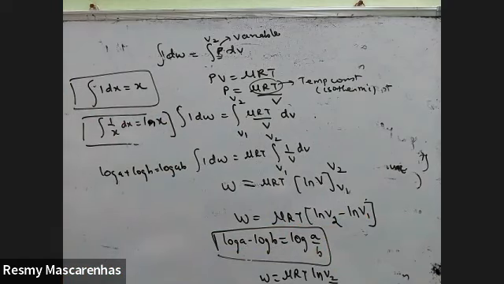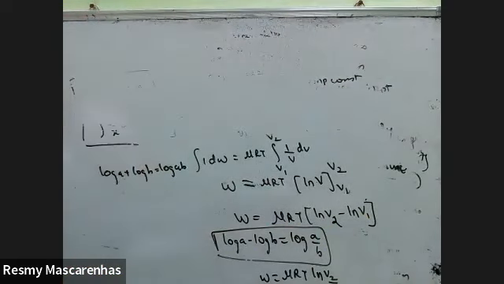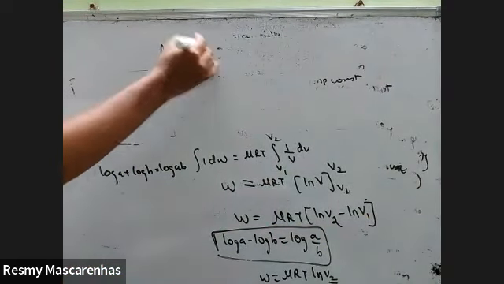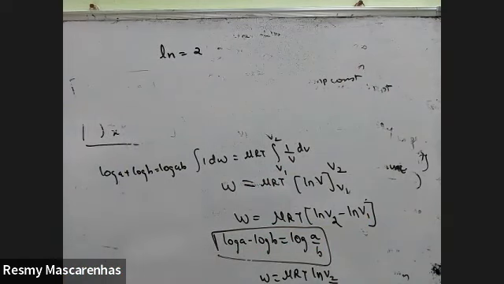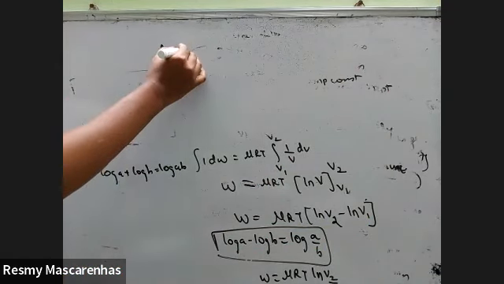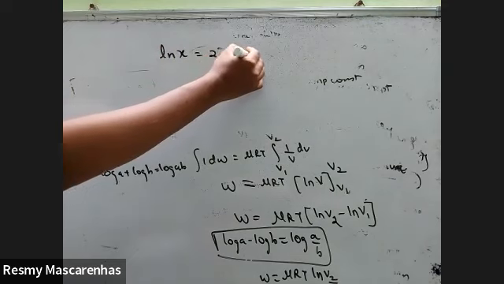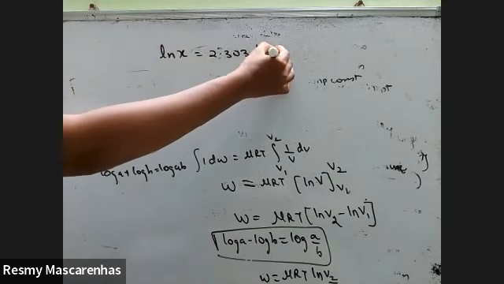If I want to remove the natural log and convert it into normal log, then the value is 2.303 log x.